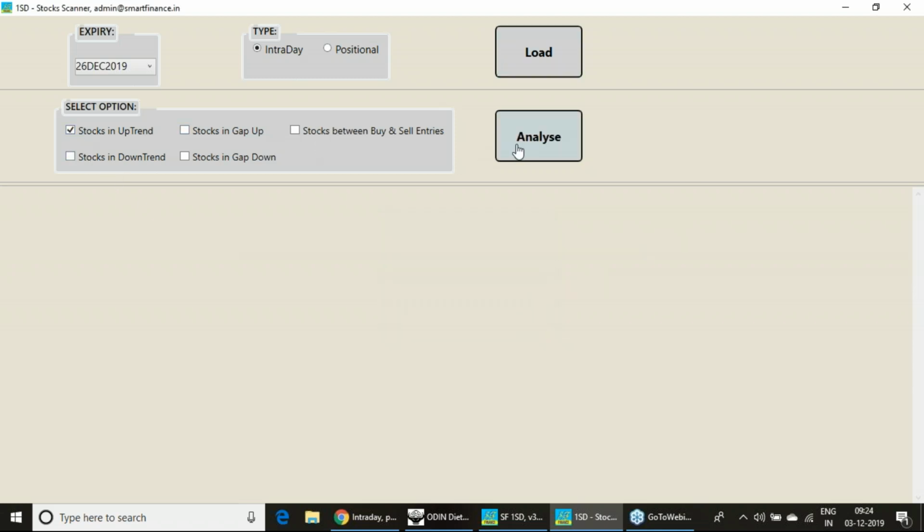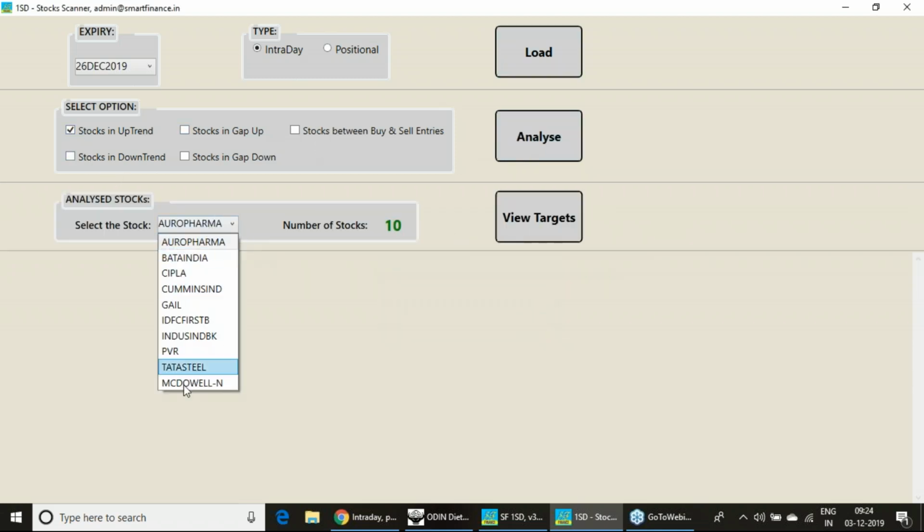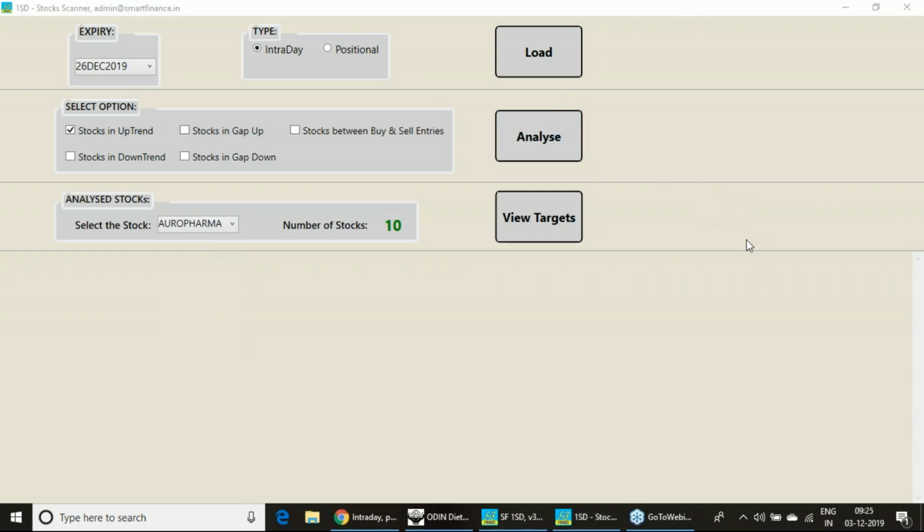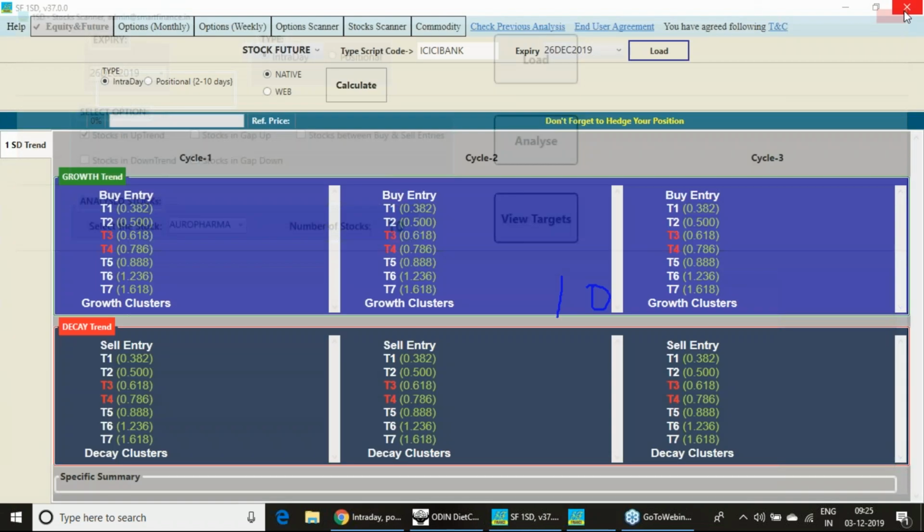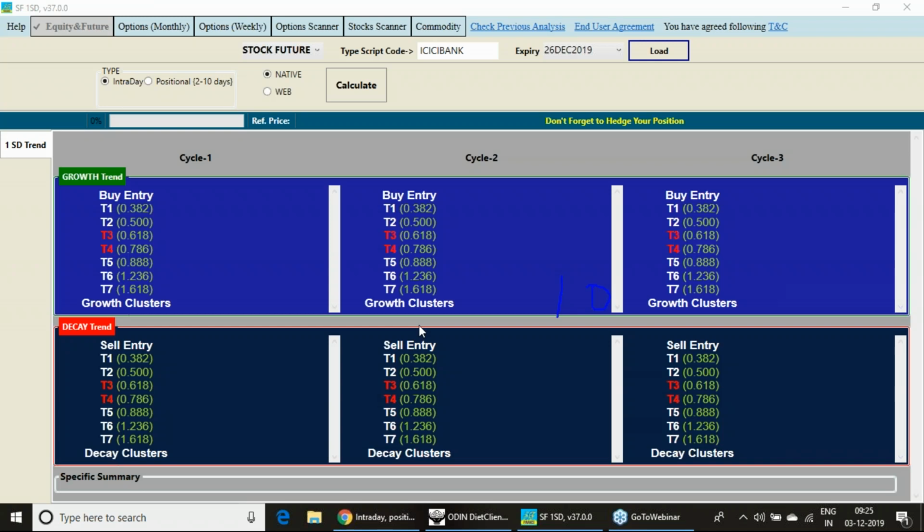If you analyze stocks in the uptrend, it tells you these are the 10 stocks which have given you an uptrend breakout. This is for yesterday's data. Today's data will be updated at 10 a.m. This is just the list of reference you can get. Once you get the list, you can generate the trend levels for the same stocks here and follow the trend level. That is the stock scanner's job.